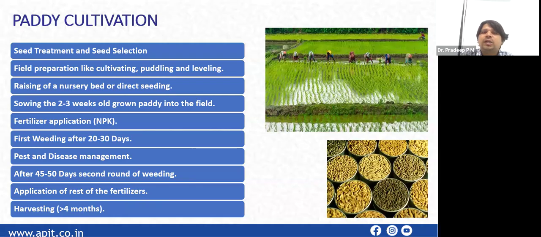Once the plant progresses during its growth stage, we require various fertilizers, NPK. The duration of the growth, or the total span of the paddy cultivation, varies between 40 to 50 days on average.